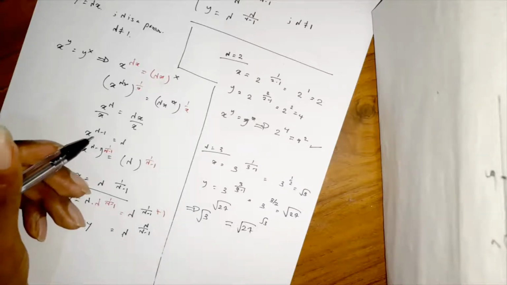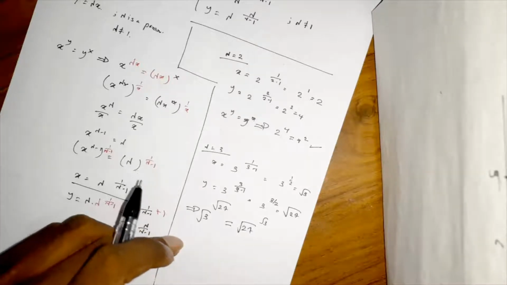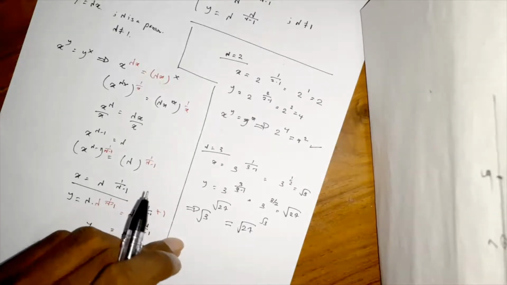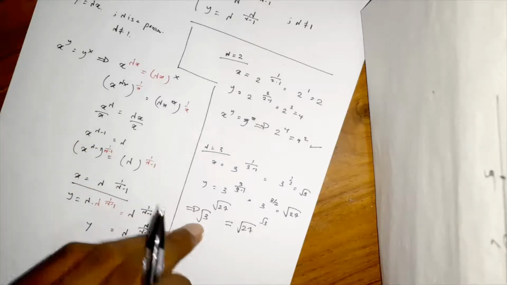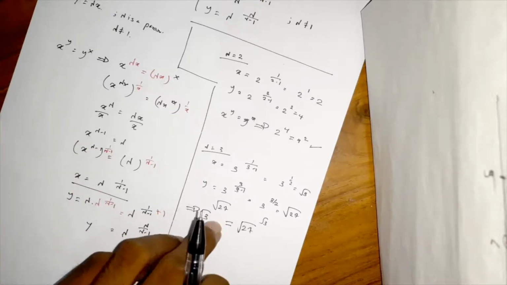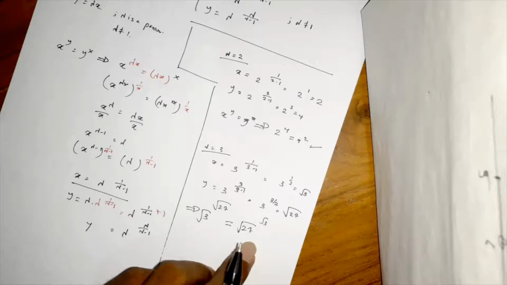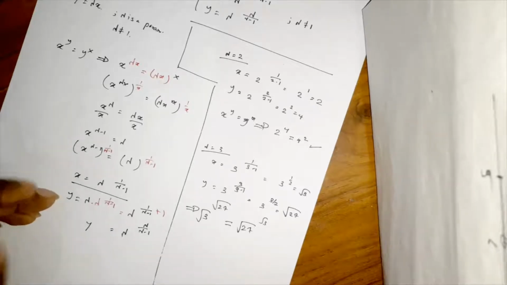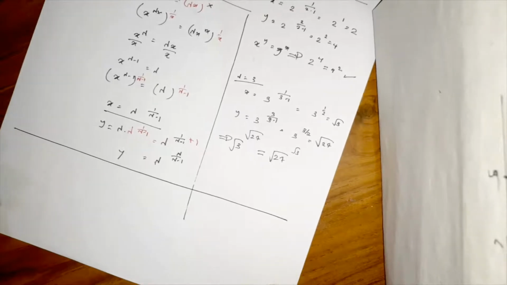You can check whether this is correct using Wolfram Alpha or something you want. Enter square root of 3 to the power square root of 27 minus square root of 27 to the power square root of 3, and if the answer is 0, then we are correct. But check this out, here's the fun part.